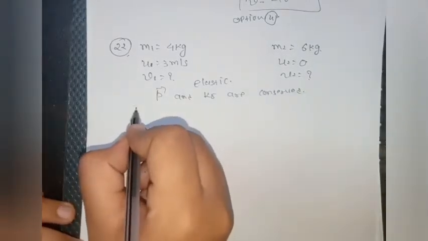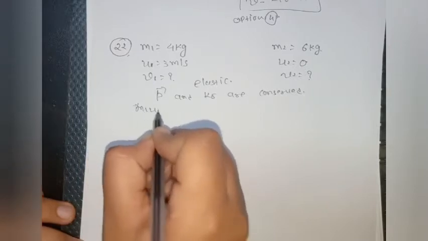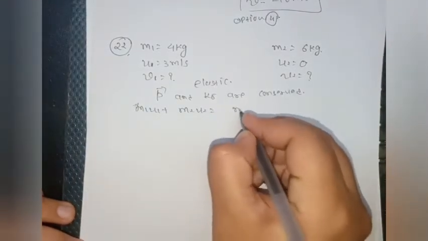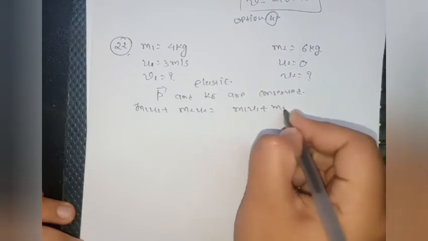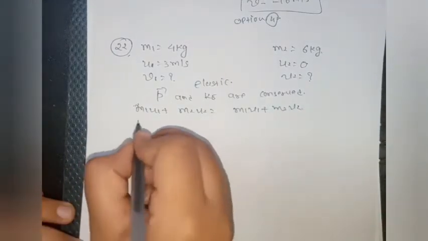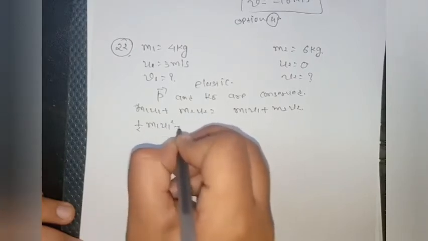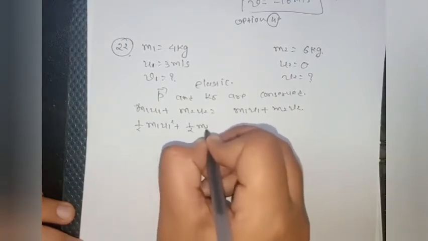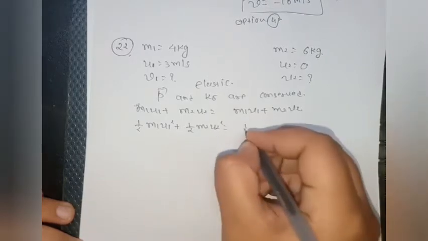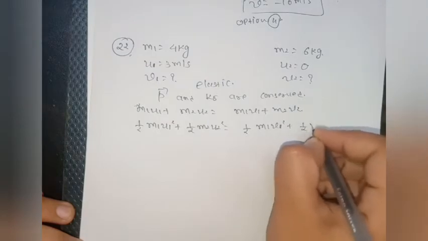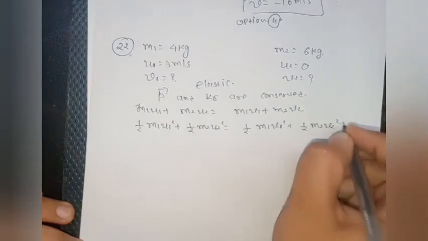We can write equations for both. So m1u1 plus m2u2 is equal to m1v1 plus m2v2, and for conservation of energy, half m1u1 square plus half m2u2 square is equal to half m1v1 square plus half m2v2 square.